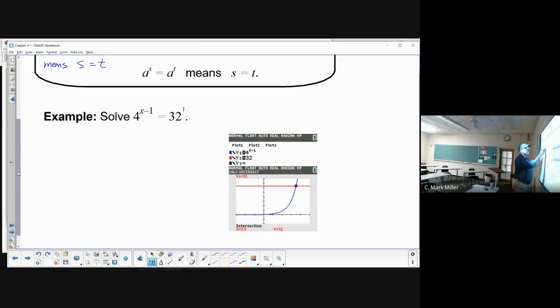Ergo, 4 is 2 to the 2. 32 is 2 to the 5th. Same base. We're not out of the woods yet. The right side, I still have 2 to the 5th.